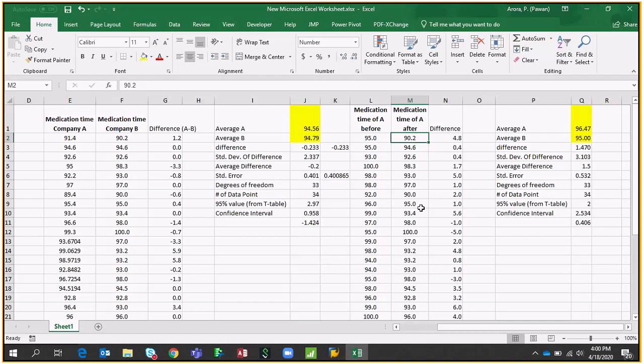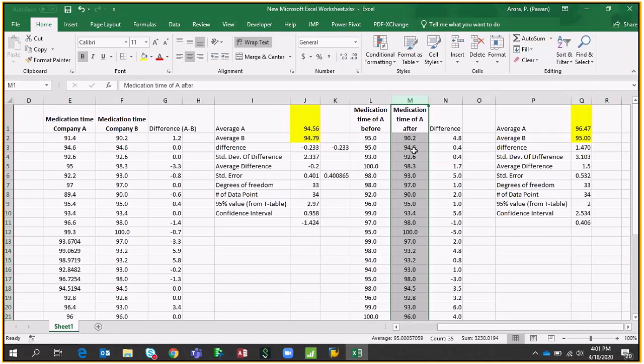And then you want to check whether there is any difference between the medication of A and medication of B. In these cases you are having the same medicine, right? And you are doing some formulation change or some addition of something, and then you find there is a difference, and you want to check whether there is a significant difference or not. In these cases, you have to use the paired t-test.